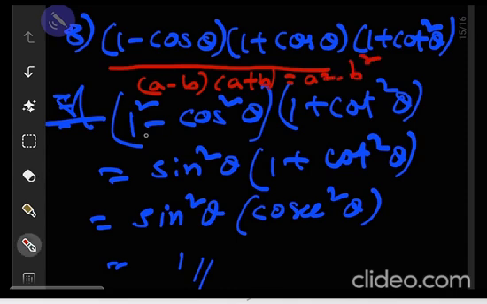So I have written 1 minus cos square theta and 1 plus cot square theta as it is. So 1 minus cos square theta is nothing but sin square theta, and 1 plus cot square theta is nothing but cosecant square theta. So substitute that, and sin square theta into cosecant square theta. Both are inverse to each other, so when you multiply both, you will get 1.